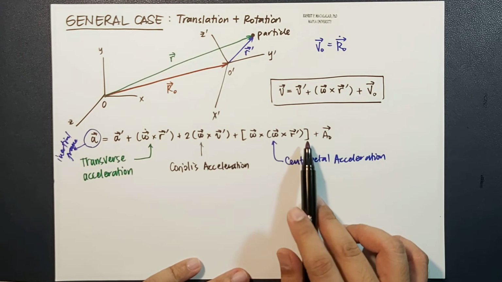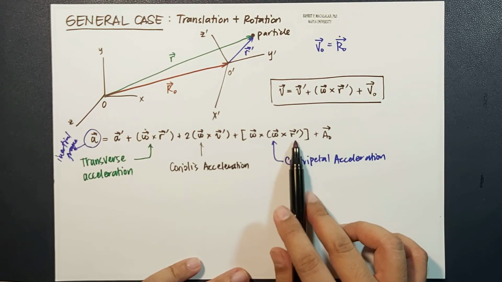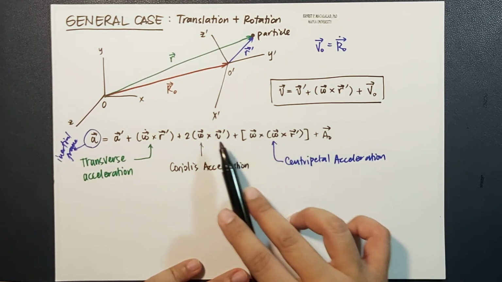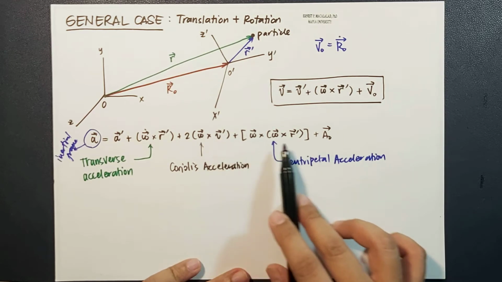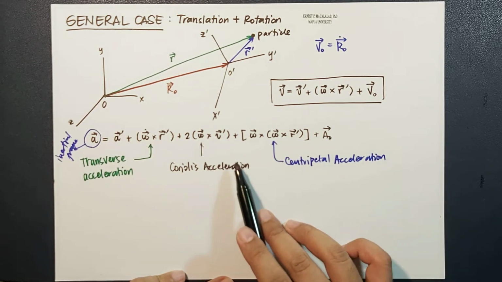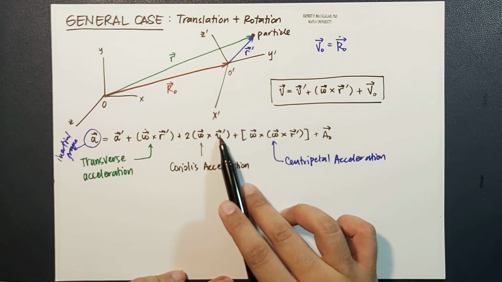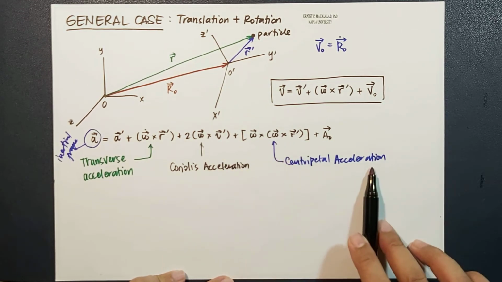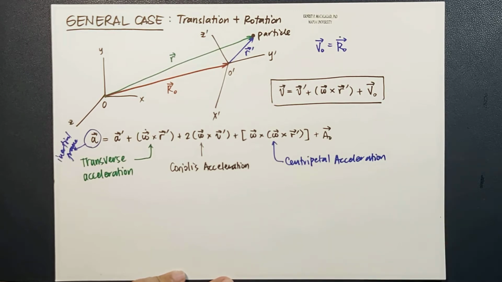It is experienced by a particle being carried around a circular path for a fixed r. If r changes, that means there will be a v prime. Therefore, aside from your centripetal acceleration, Coriolis acceleration will also be observed. The centripetal acceleration is always directed towards the axis of rotation and is perpendicular to the axis.